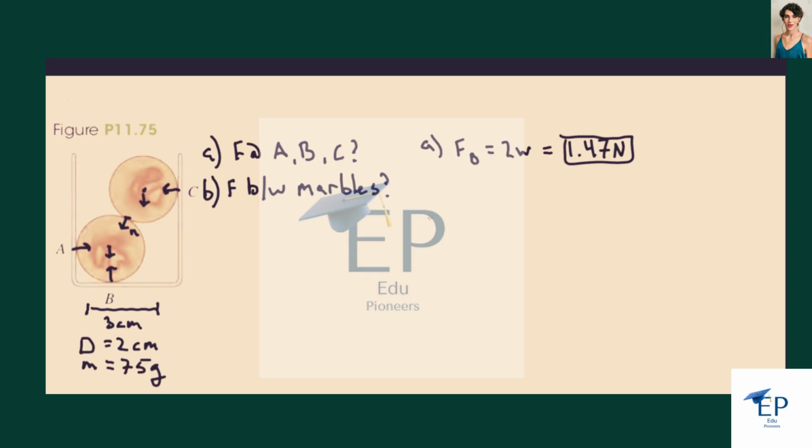Now, we want the angle between the line connecting the centers of the marbles and the vertical, which we draw over here, call this theta.